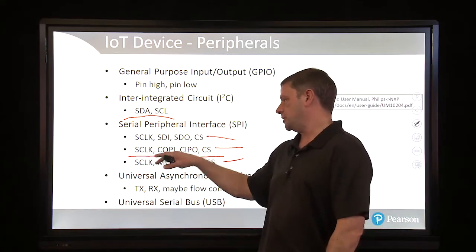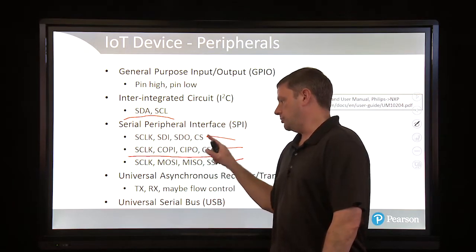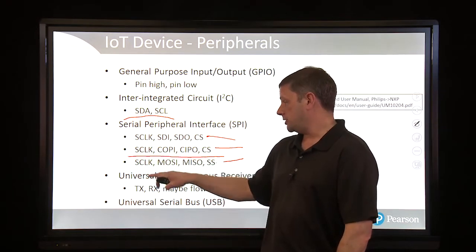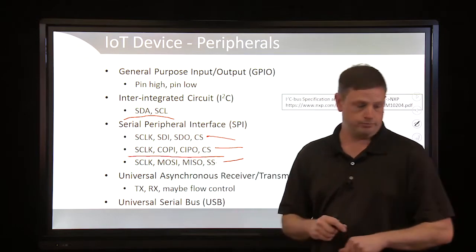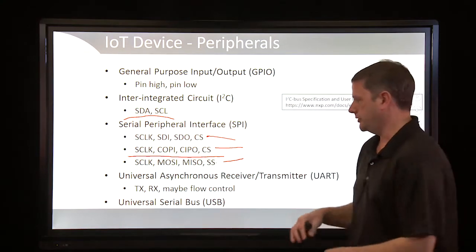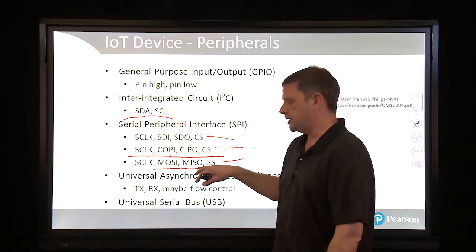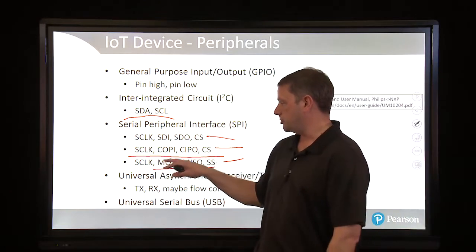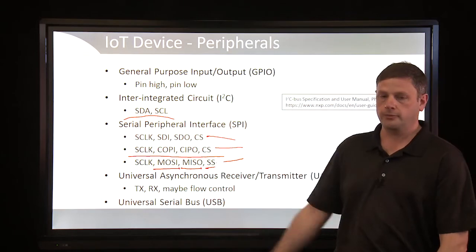Followed by serial clock, controller out, peripheral in, controller in, peripheral out, chip select. And then finally serial clock, and the original terms that were deployed, I'm talking 1970s stuff here: master out, slave in, master in, slave out, and then slave select. So these terms have been replaced with either COPI, CIPO, or SDI, SDO.